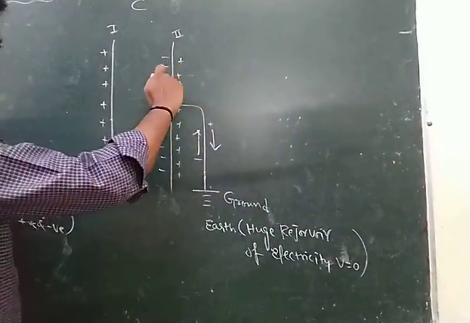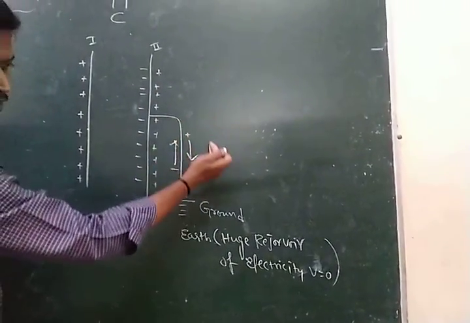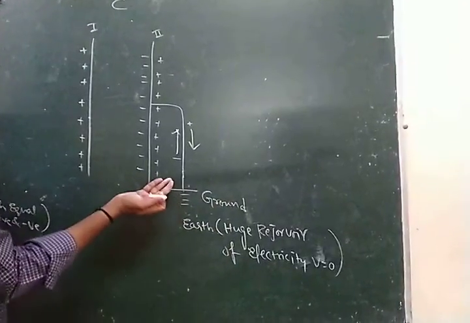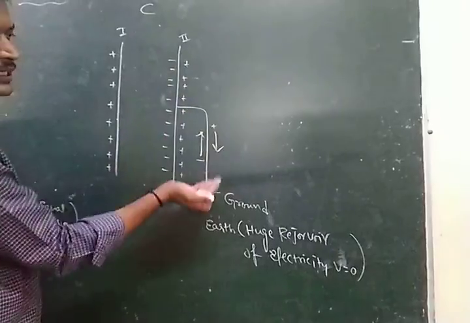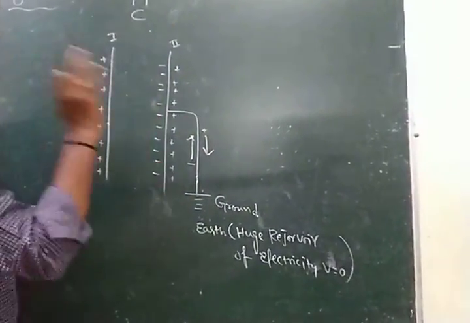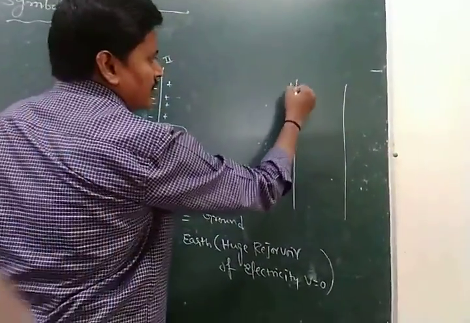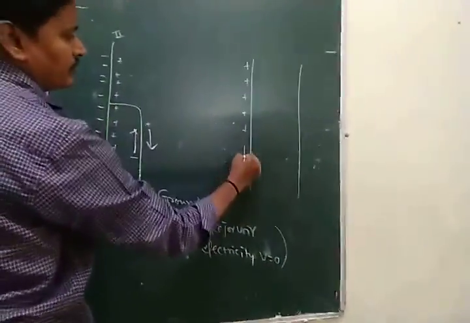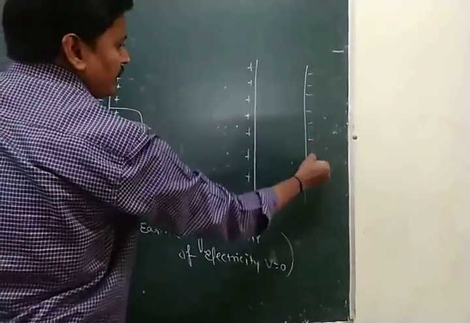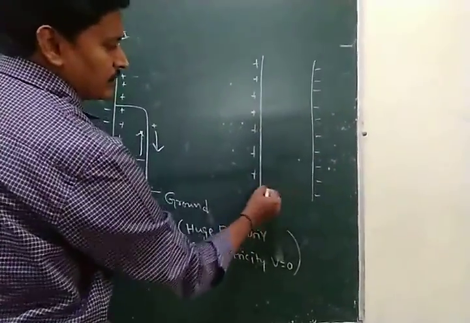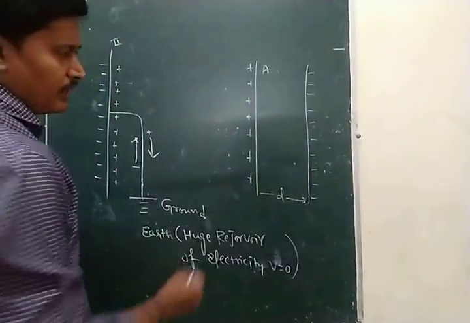So when the outer surface of the plate is connected to the ground, positive charge goes into the ground, and a similar amount of negative charge is redistributed onto this plate. Then the first plate becomes positively charged and the second plate becomes completely negatively charged. They are separated by a distance d and the area of cross section is A.